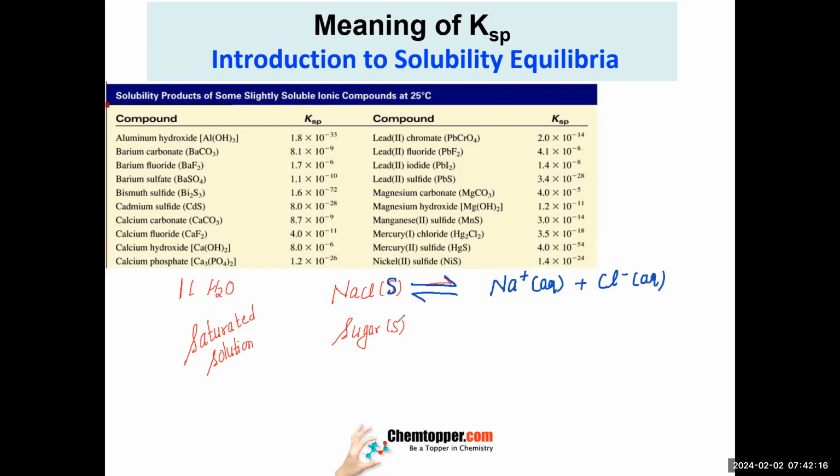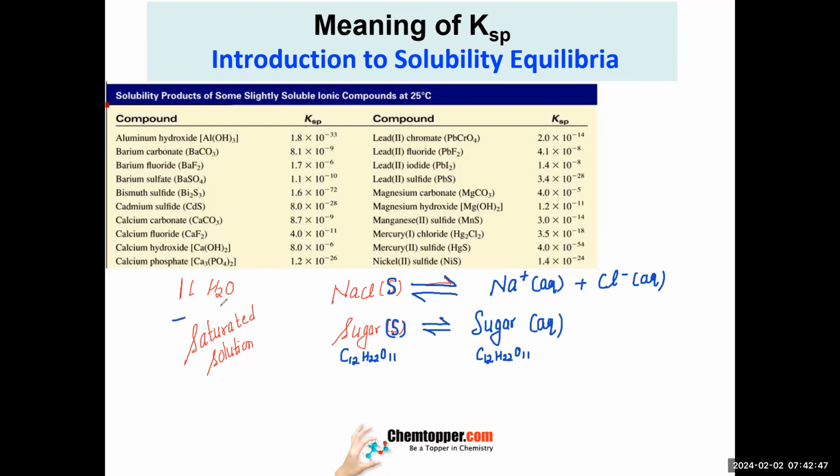Like sugar, solid, in the saturated solution is in equilibrium with aqueous sugar. Sugar is a covalent molecule, a non-electrolyte, C12H22O11. It's not going to split into ions. It will stay like this only, C12H22O11, but now in aqueous form.